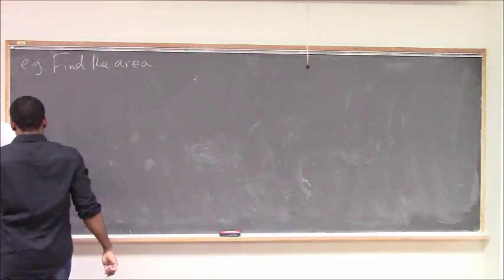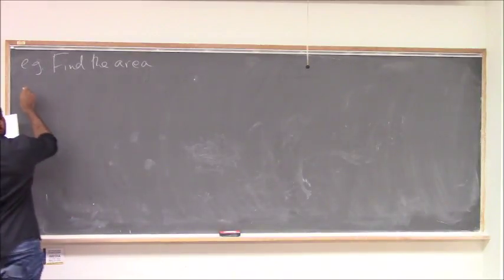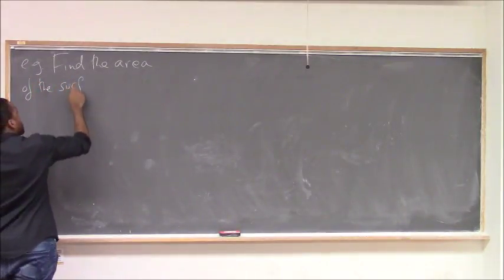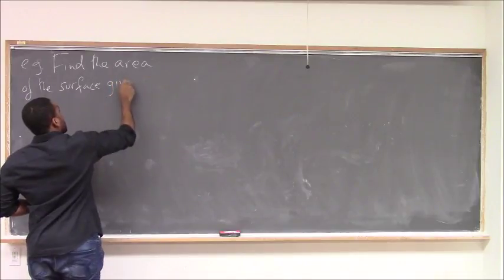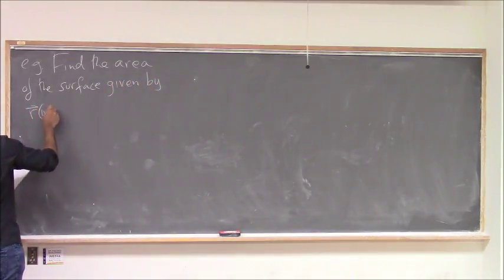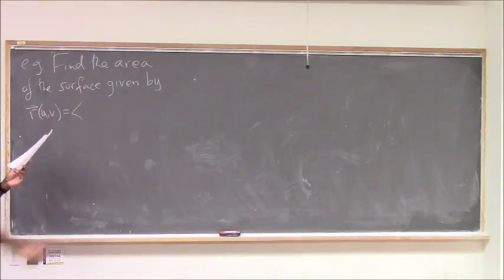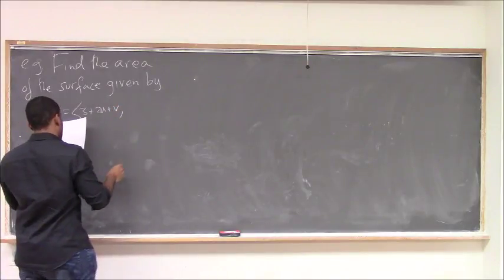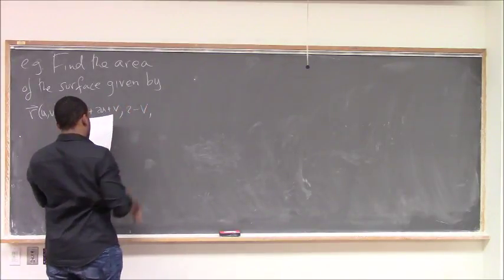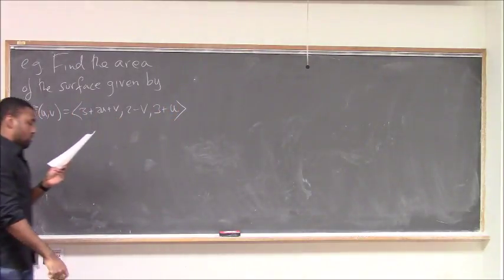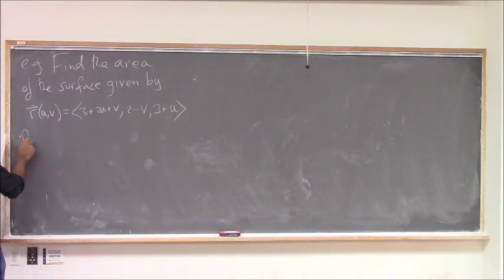Find the area of the surface given by, so here I'm giving you a parameterization for the surface. 3 plus 2u plus v, comma, 2 minus v, comma, 3 plus 4.